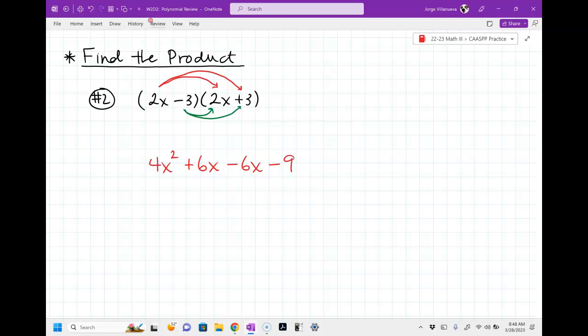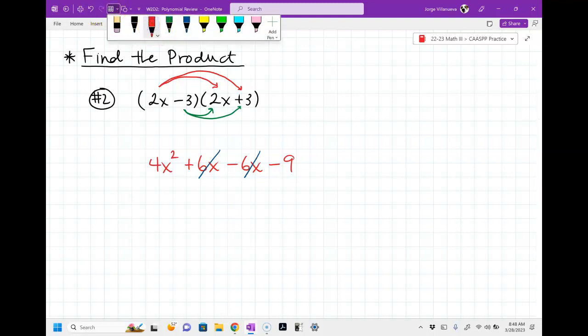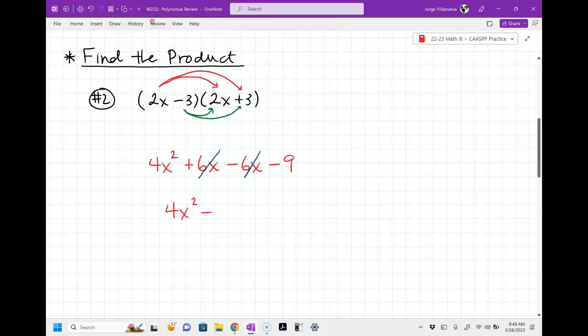If you notice the middle terms, those are like terms. Positive 6x minus 6x is 0, so these will cancel. So all that's left is 4x squared minus 9. Those are not like terms, so that's all you need. That problem is done.